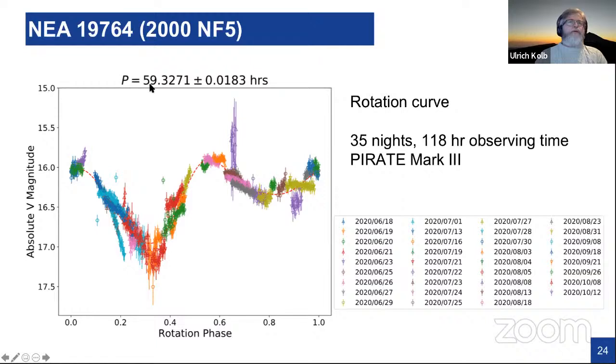The period is about 60 hours, and you can see that despite all the difficulties of stitching together these different parts, there is a very nice light curve emerging, and all data are shown, even those which didn't come out to fit perfectly.